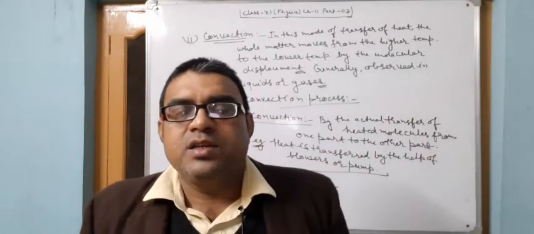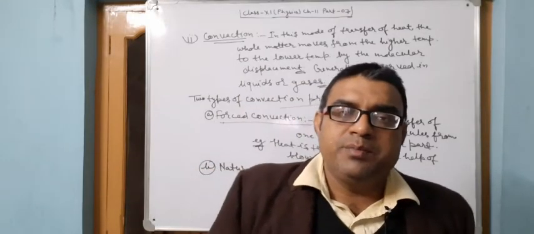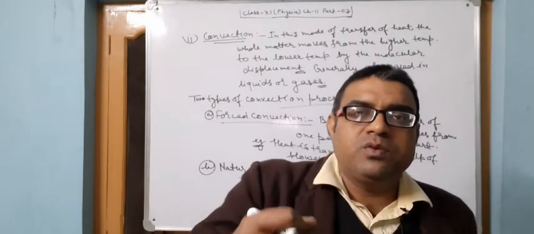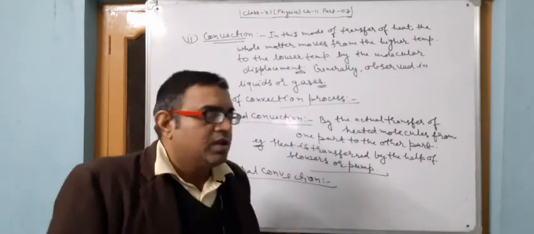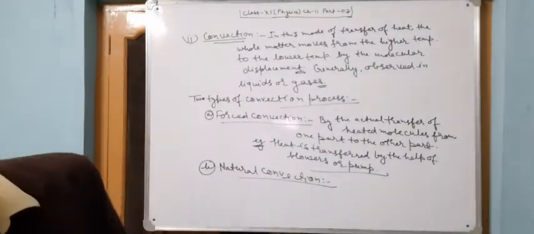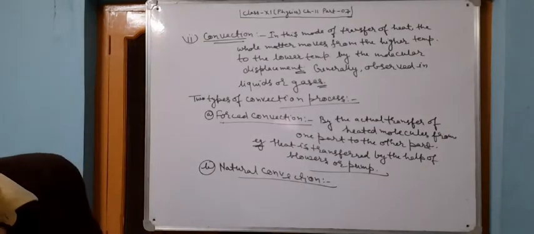When at night the breezes goes from hotter region to colder region, and at daytime from colder region to hotter region. So these type of convections are called as natural convection.